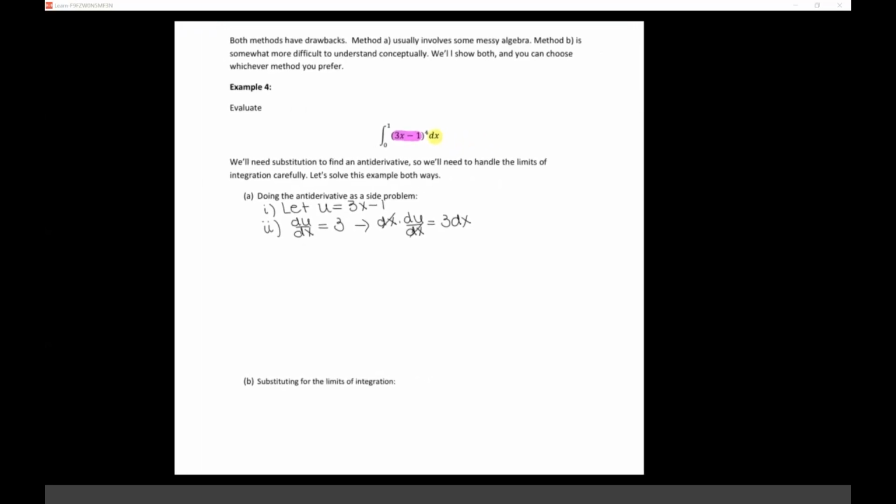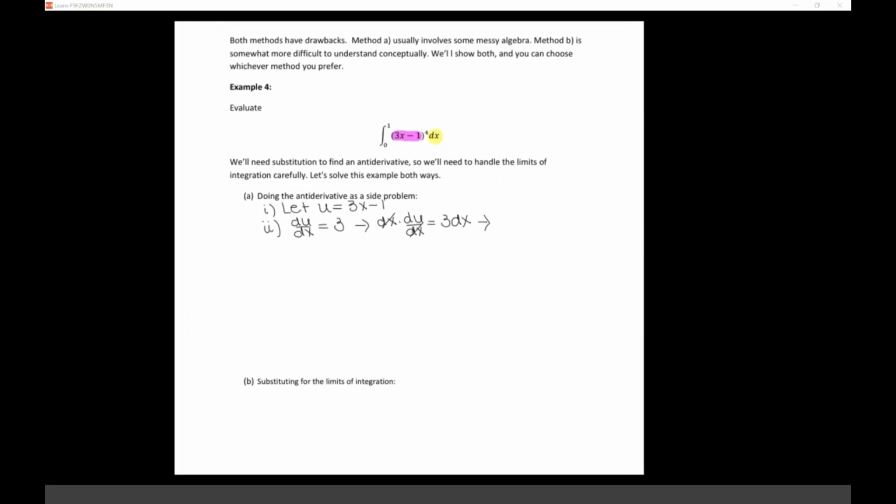The only thing I need to match is my 1 dx. So you could think of this as 1 times dx. So first let me get dx over there. I'm going to multiply both sides by dx. Cancel that out. So I have du equals 3 dx.